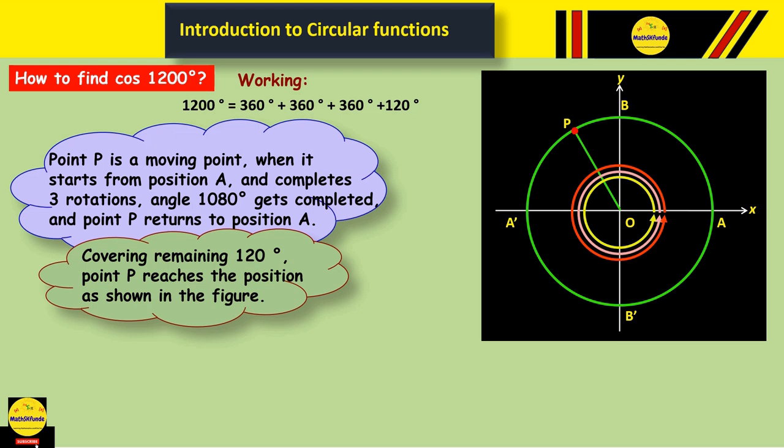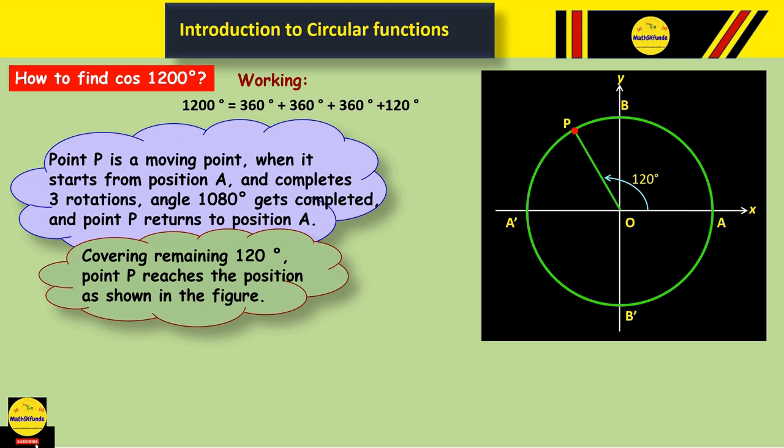I draw line OP which makes 120 degrees with the positive x-axis, and that would now complete my 1200 degrees. Now what do you observe here? It is the same position P which we saw in the case of cos 120 degrees also. Similar picture we had drawn, that angle 120 degrees we tried to draw, and from there we had found cos 120 degrees. Now the same position you are getting for 1200 also.